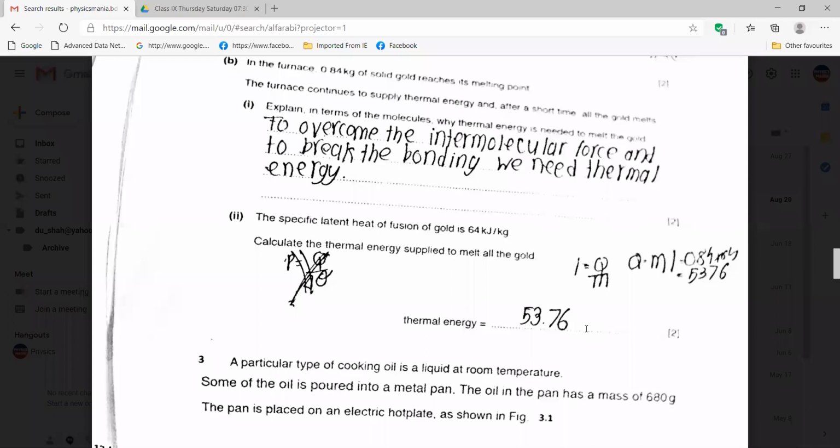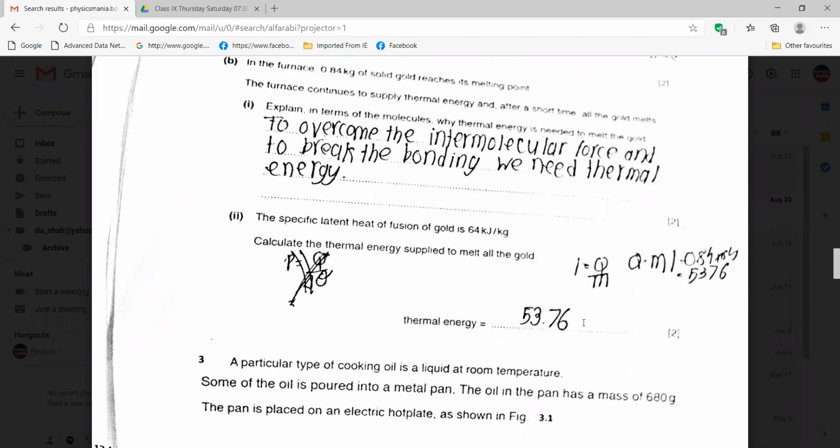And some of the questions are asking you to find the mass. Remember, if they are giving kilojoule per gram, then your answer of mass will come in gram.